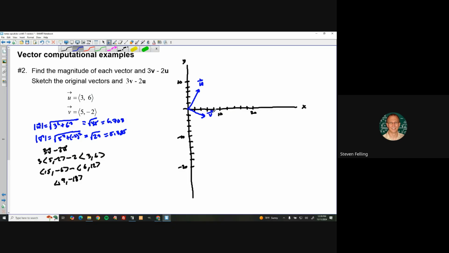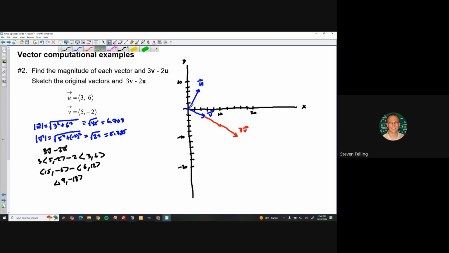Okay. And then what about this? This is 3v minus 2u. So let's try graphing that. So first, what's 3 times v? 3 times v is in the same direction here, but it's 3 times longer. 1, 2, 3. So this is roughly 3v. Okay, something like that. And then I'm subtracting 2u.